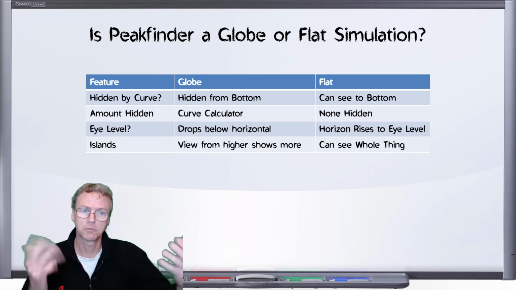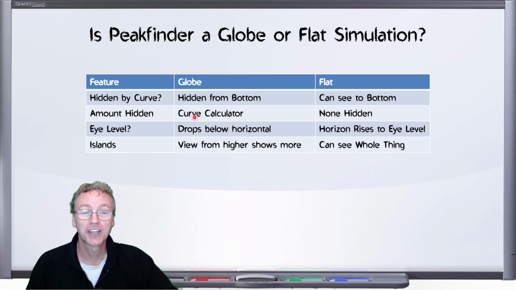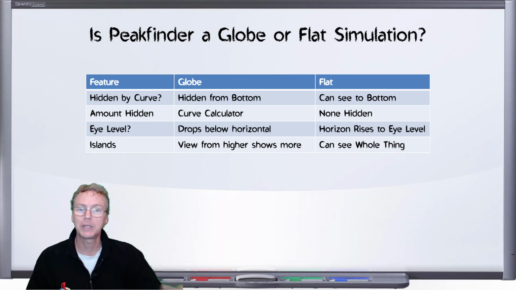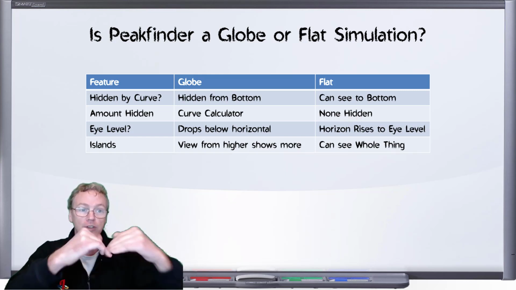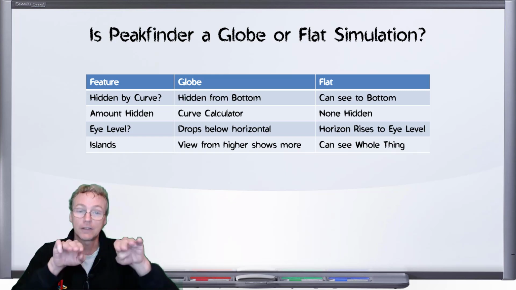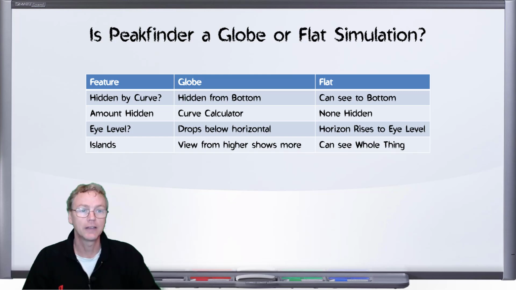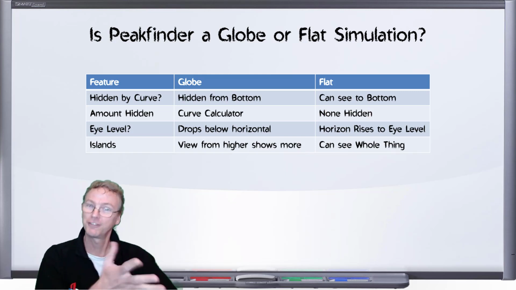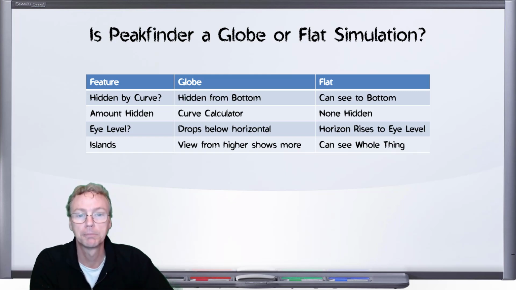The curve calculator will be our rule for the globe. For the flat side, the matching curve calculator would be 0. There shouldn't be any curve, so that equivalent calculator should give us 0. So if we compare Peakfinder to the curve calculator for globe, we should compare Peakfinder to no curve for flat, and we'll see which one does a better job.